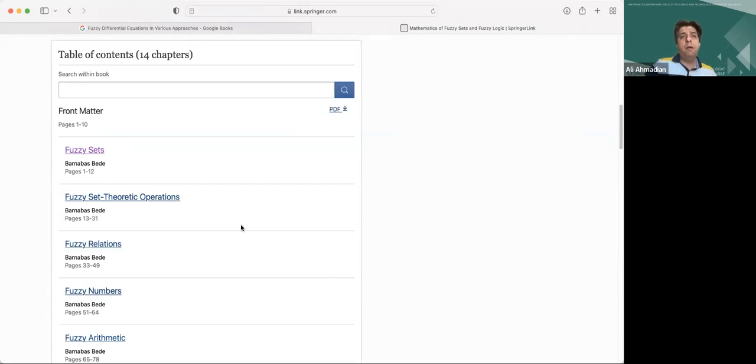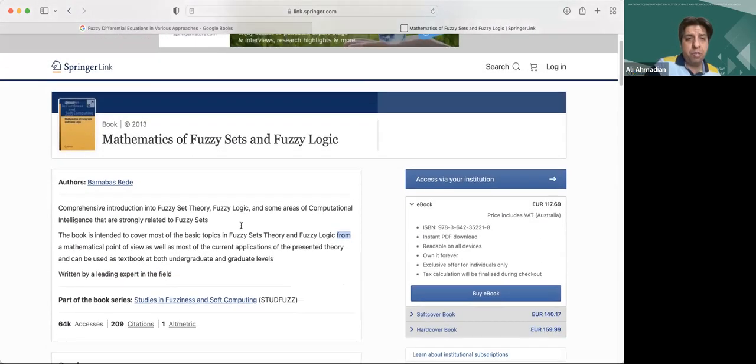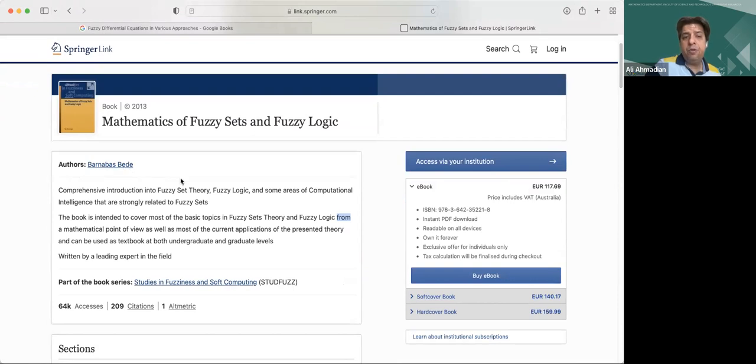One more book is published by the same author, Barnabas Bede. You can find it published, I think in 2015 or so, by the same publisher, Springer. It discusses fuzzy differential equations and, more importantly, the characterization theorems and also the derivatives.